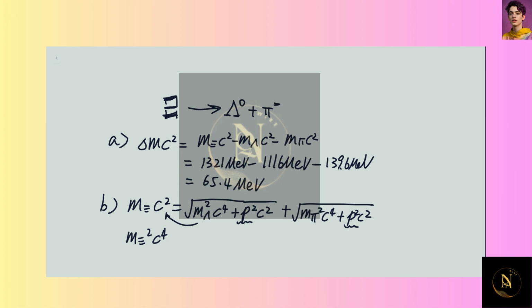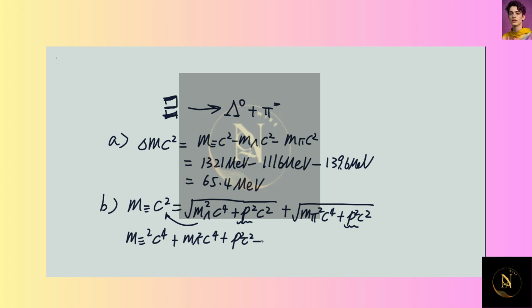We can rearrange it and square both sides. If we square both sides, we are going to have c to the fourth. I move this to the left and again square this.